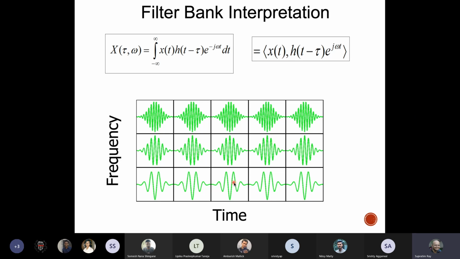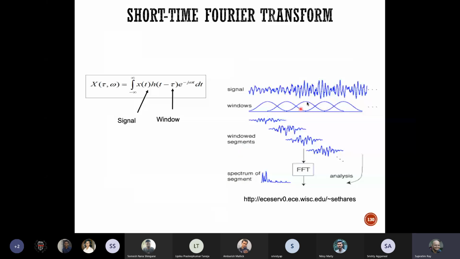So then it doesn't matter on the value of tau, right? No, if you change the value of tau, you are looking at a different part of the signal. So x(t) is this long signal here. As you change tau, you are looking at a different part of the signal. So this is your h(t), and as you change tau, it translates.